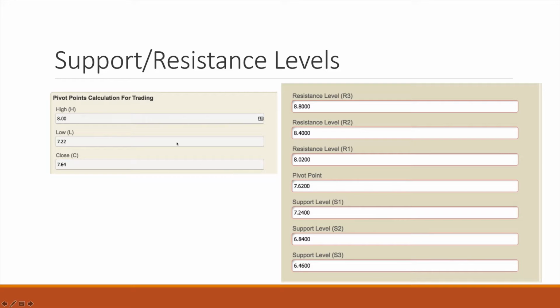For support and resistance levels, we use this calculator. This is for today, the 21st of August. The high today was 8, the low was 722, and the close was 764. Here's our resistance level. R3 is 8.8, R4, R1, and you can see the pivot is 762.